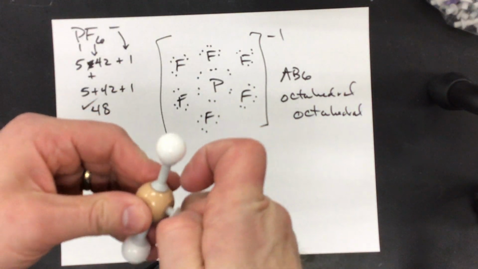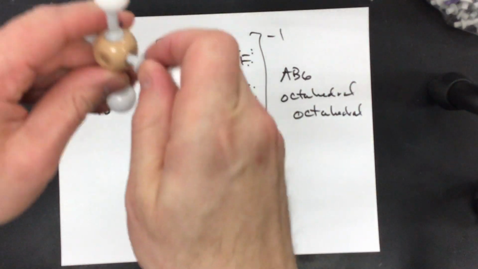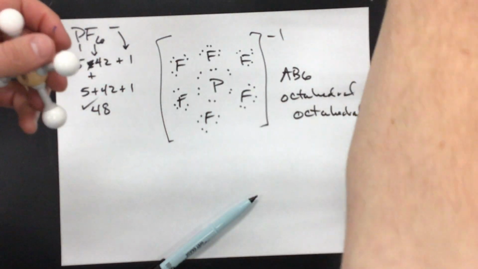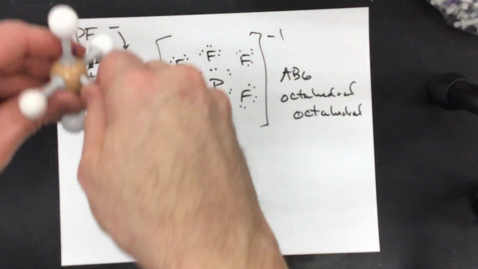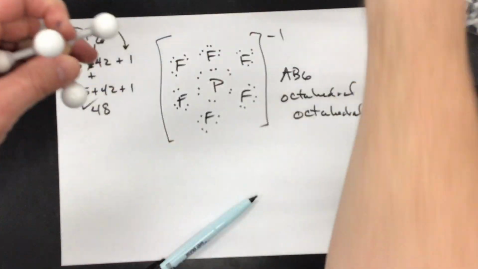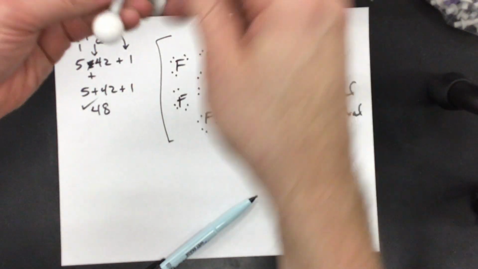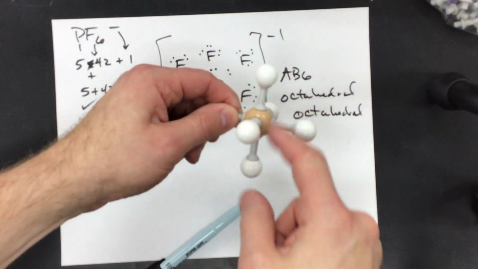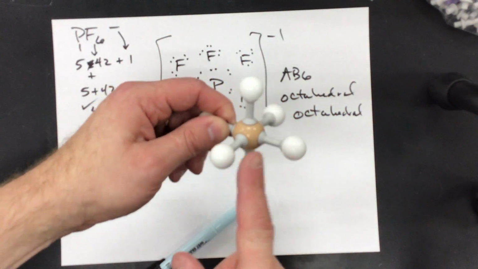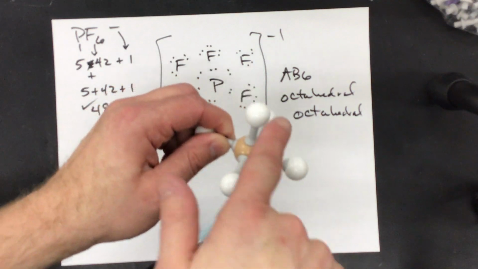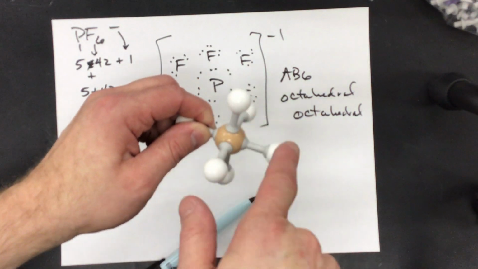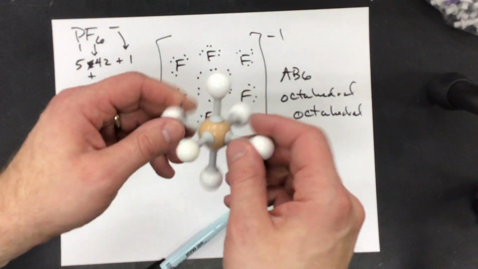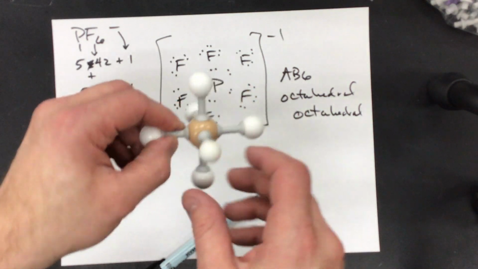The bond angles are going to be 180 degrees for the axial H's, not the equatorial. So the poles, if you will, of this thing, top and bottom. So here's our poles, here and here. That's 180 degrees. We have 90 degrees on the equatorials, and then 90 degrees from the axial to the equatorial. So there are 2 different 90 degrees, and then you have 180 degrees.